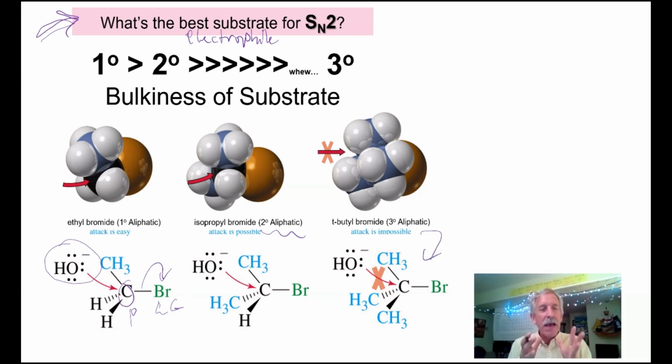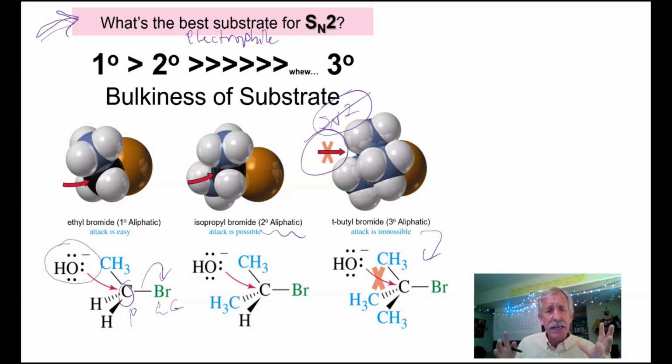And you can see the pattern here is the more bulkiness I put around the electrophilic carbon, I essentially go to a place where no reaction occurs at all, or so slow that it's nothing you would ever want to design. That tertiary aliphatics, I hate it because they're so bulky in the back with all these methyl groups here, huge steric hindrance here, that this OH can never find that electrophilic carbon from the backside.